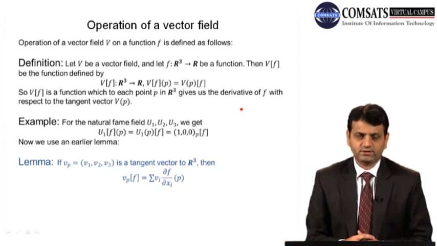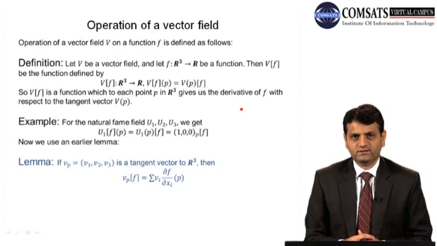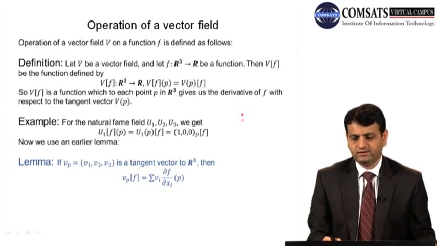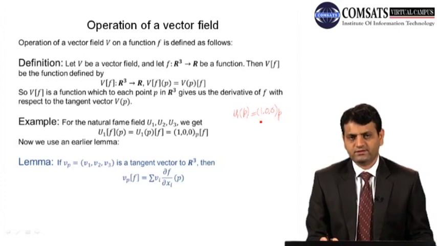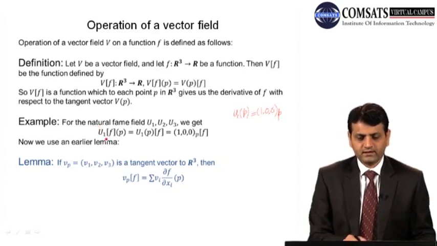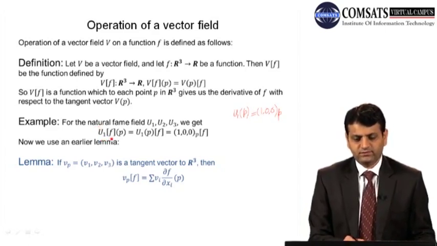We have seen in our lecture number 2 that there are 3 simple vector fields, and we collectively name them as the natural frame field, u1, u2 and u3, and we define u1 of p as basically 1, 0, 0 at point P. So it's just a unit vector in the direction of the x-axis, and the point of application of the vector is point P. So what is u1 of f?